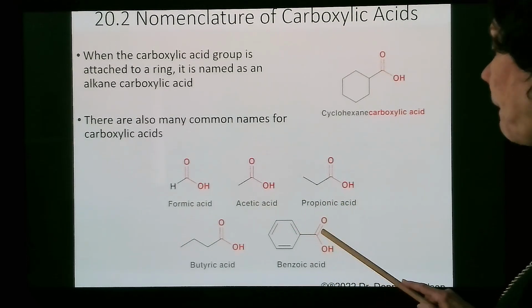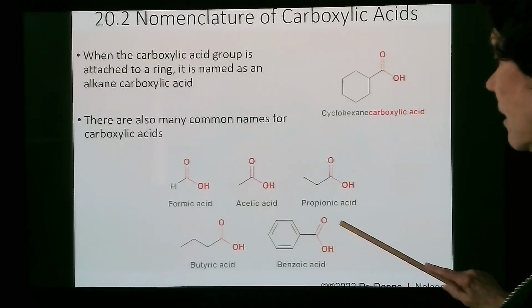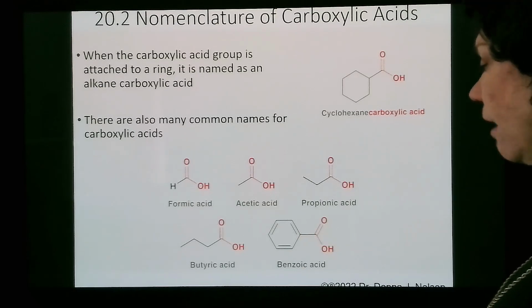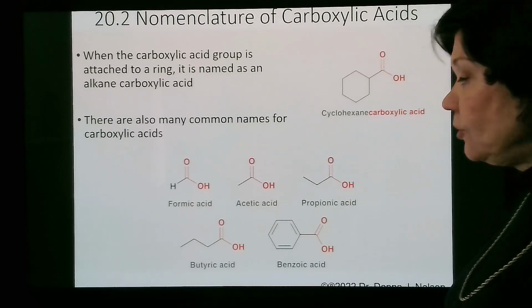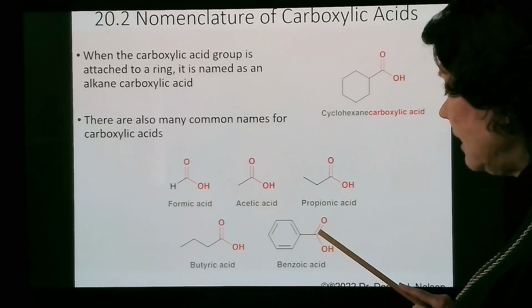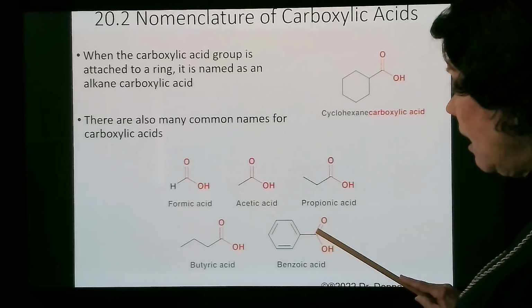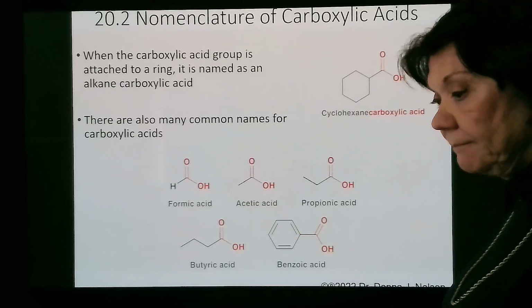Benzoic acid is a very common one, and this is one that is often mistaken. So you might want to take a good look at benzoic acid. This is the one in which the carboxylic acid is on a carbon that is directly attached to the benzene ring.